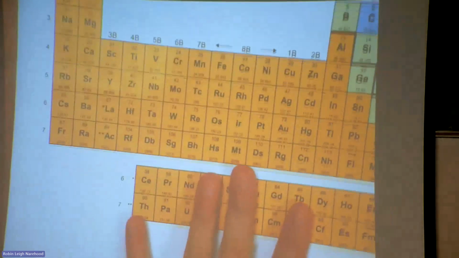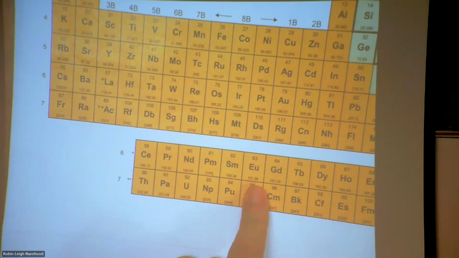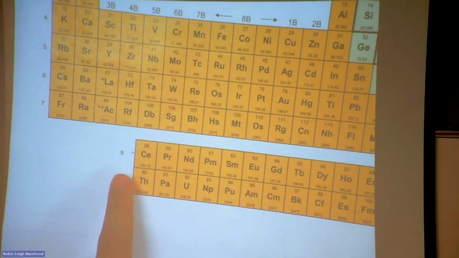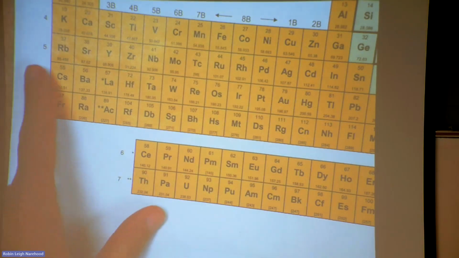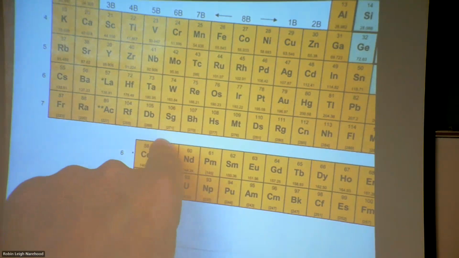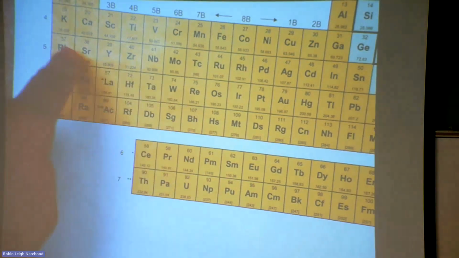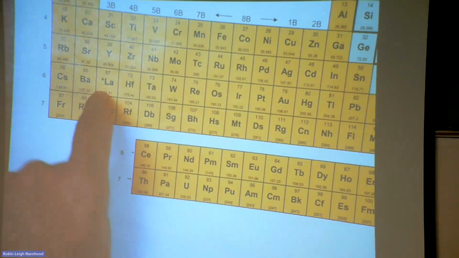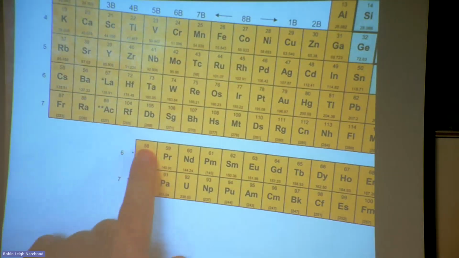Down here at the very bottom, there are 2 additional rows, and those also have numbers written next to them, a 6 and a 7. Those are the same numbers as this 6 and this 7, because guess where this 6 actually goes? In row 6. If you look at the numbers, that says 58. What number comes before 58 numerically? 57.